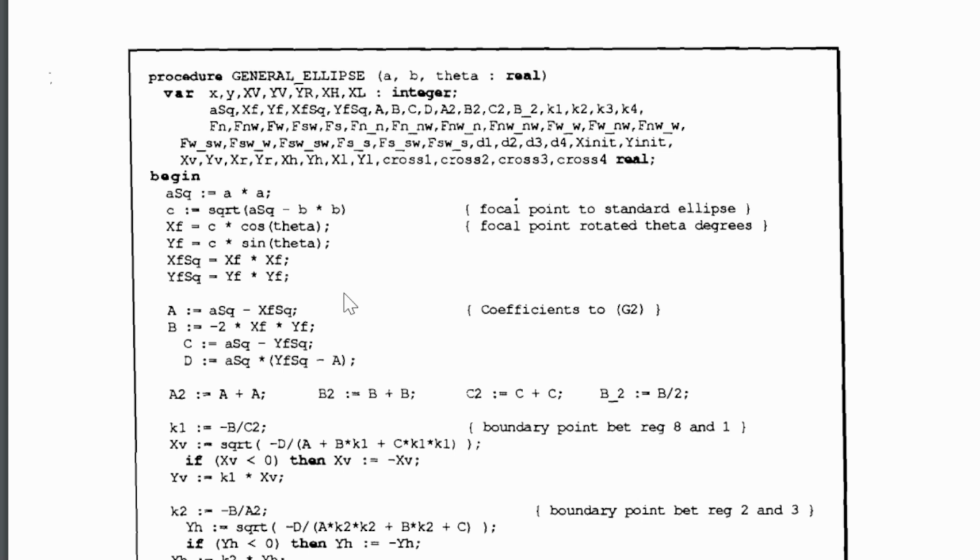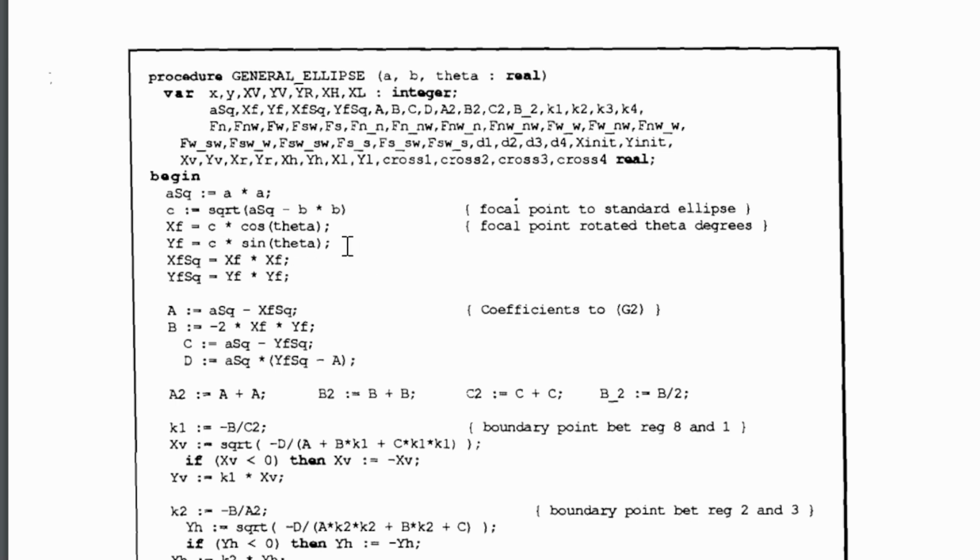Basically he starts off with the semi-major radius, which he calls A, we've been calling that R, and the semi-minor radius B, and we've been calling that S. The first thing that he does is compute this distance to the focal point that we talked about, and this is exactly the equation that we came up with. Then he computes the coordinates of the rotated focal point, xf and yf, and that's exactly what we came up with as well.